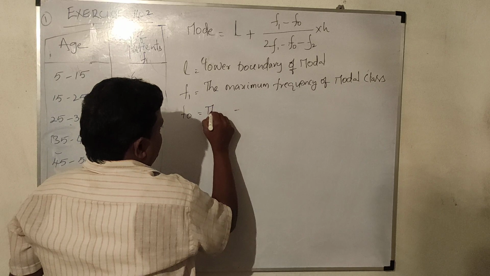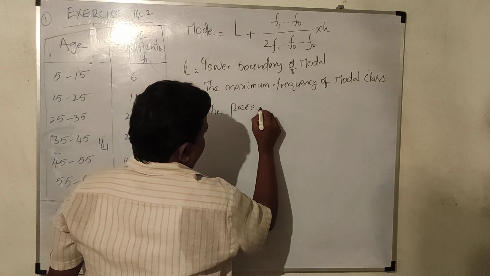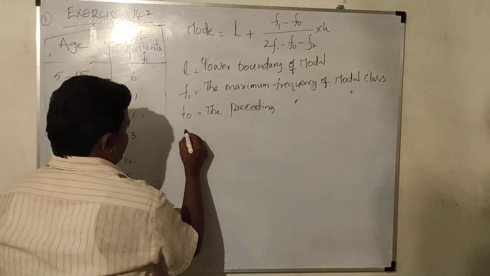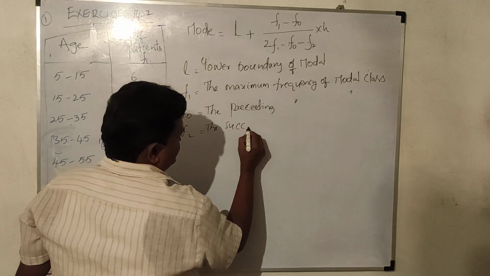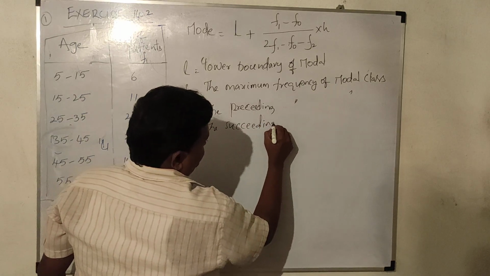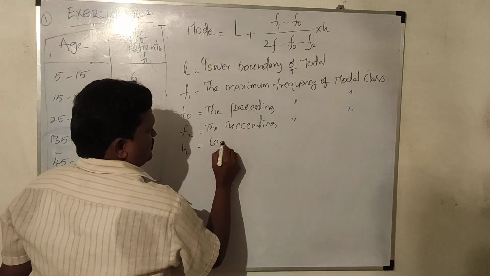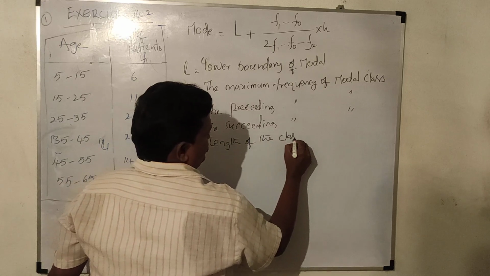F0 is the preceding frequency of the modal class. Then F2 is the succeeding frequency of the modal class, and H will be the length of the class interval.